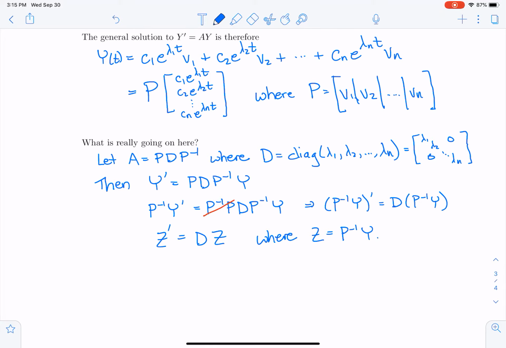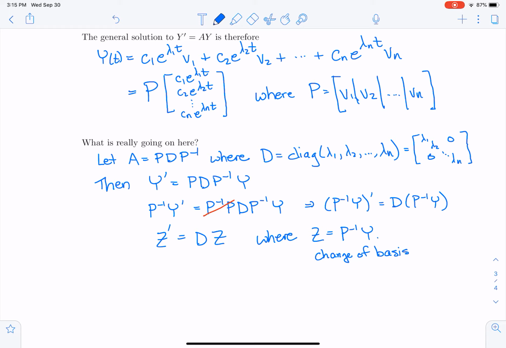Now, when you multiply a vector like y times an invertible matrix like P, what is really going on here is that you're doing a change of basis. So this is a change of basis. We're changing the basis of our problem from the standard basis to a basis of eigenvectors.